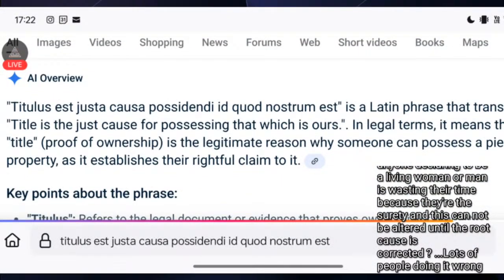In legal terms, it means that the title, or the proof of ownership, is a legitimate reason why someone can possess a piece of property, as it establishes their rightful claim to it.